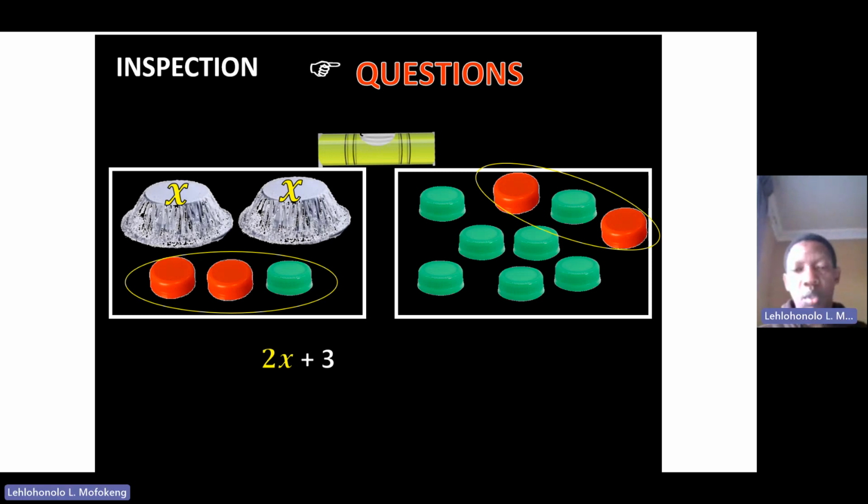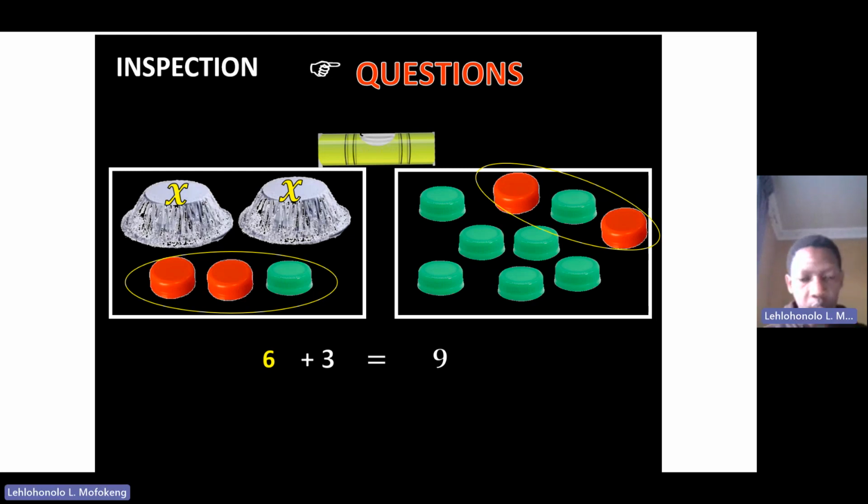So in other words, when we solve this by inspection, we must ask 2 questions. The first question will be, which number, when we add 3 to it, will give us 9? Therefore, we are expecting the answer to be 6.